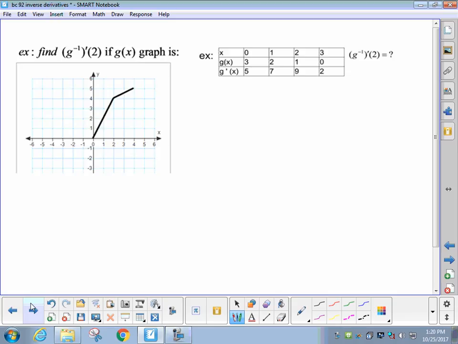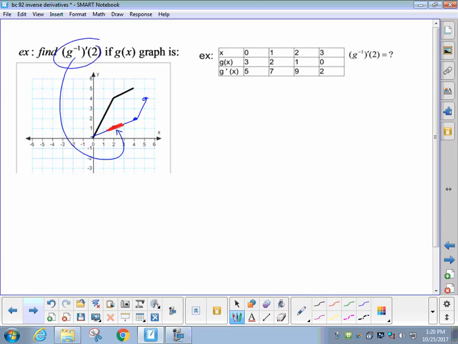Graphically. You can do it analytically, they both work. I think graphically is a lot less work. If you do this graphically, you switch the x's and y's, get your new graph, and find the slope at 2.